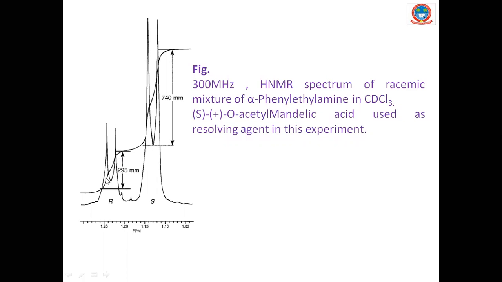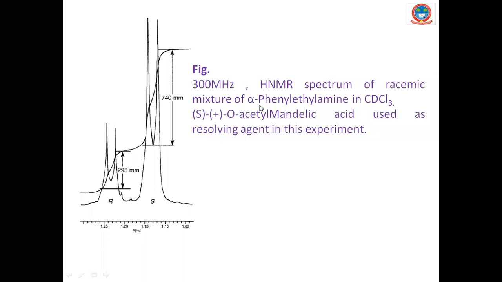If one has a small integration, say 295 millimeter, and the other is very big, 740 millimeter, the one with the larger integration value will be greater in percentage, or greater in amount, or greater in enantiomeric excess, while the other will be very small in enantiomeric excess.